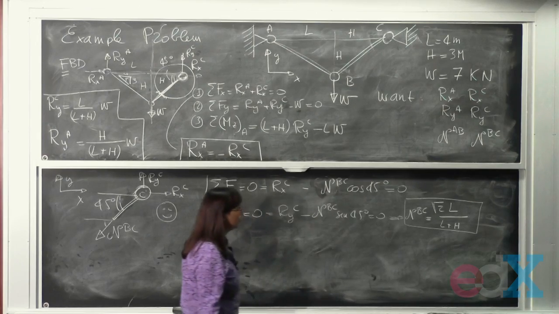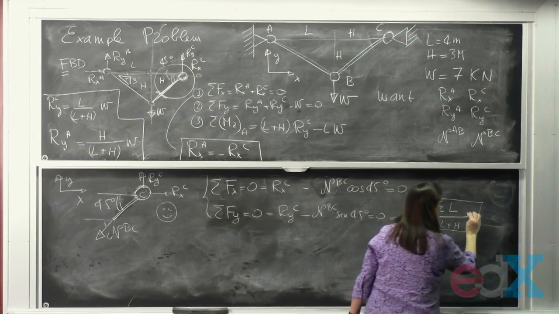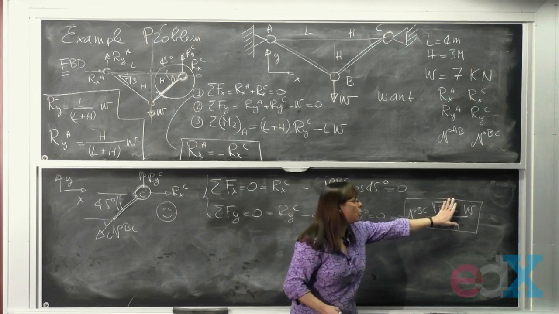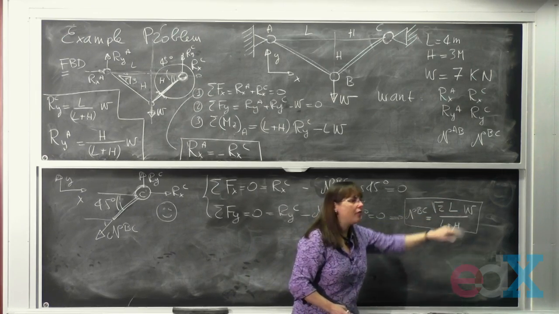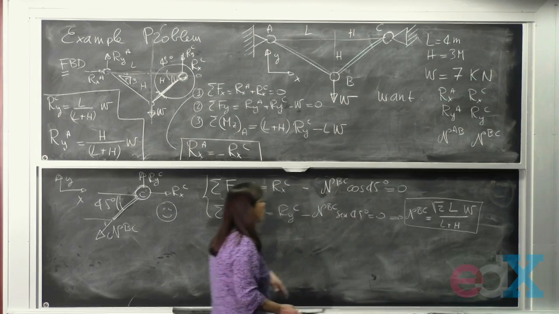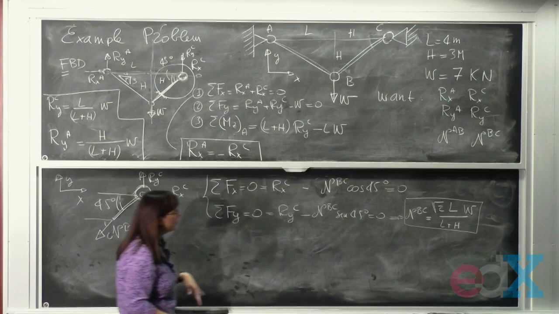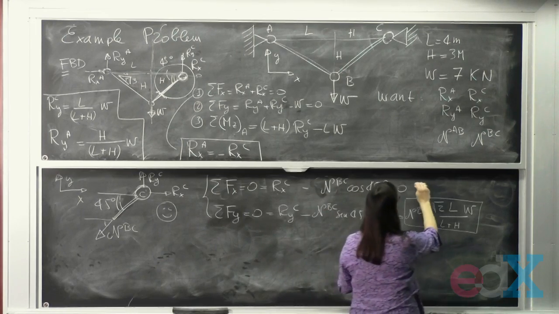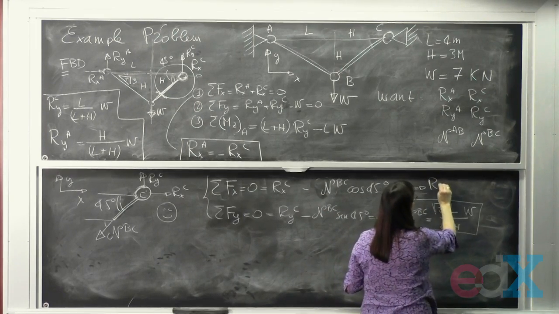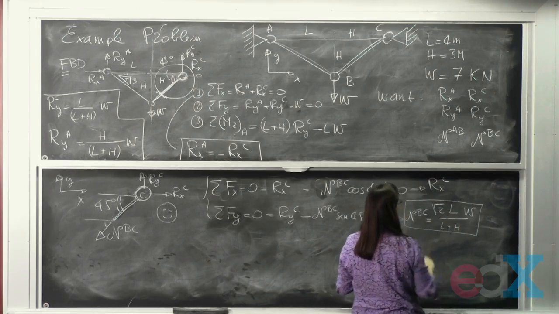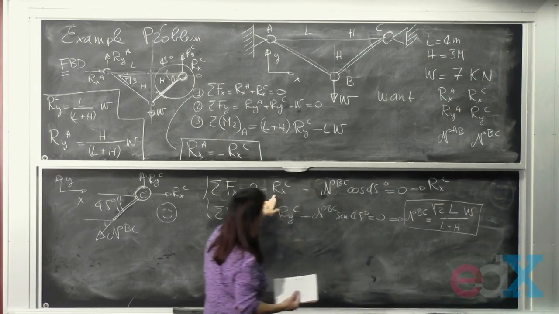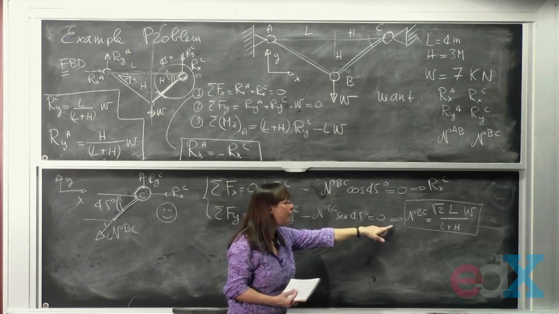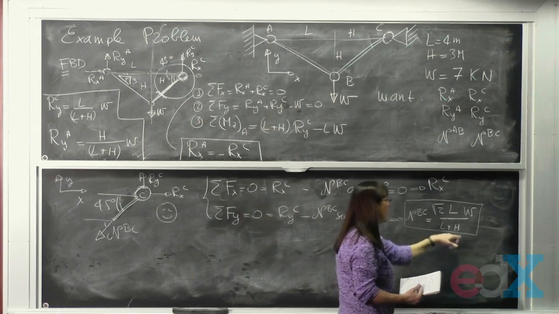Times W, wasn't it? Oh, yes. Sorry. Absolutely. Because this one is just dimensionless, this factor here. So definitely there is something missing, times W. And I see that Rxc, when I flip this on the other side, is also NBC cosine of 45. So if I multiply that by cosine 45, I get L divided by L plus H.